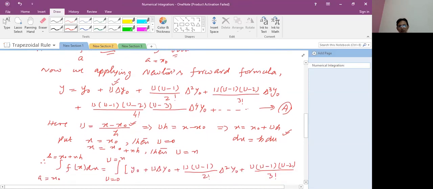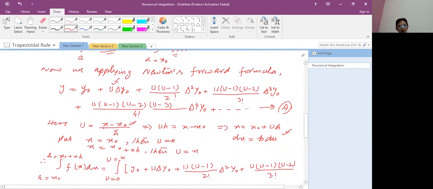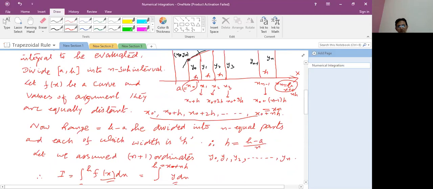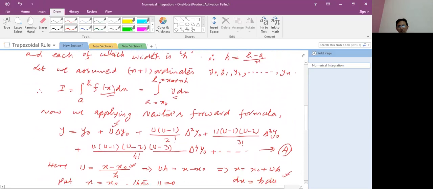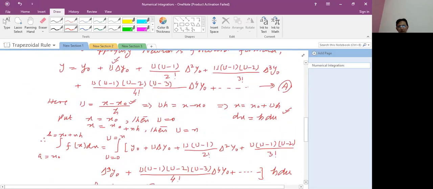Now after finding the derivative, student, if we put x equal to x naught, the first value we will consider, because according to the given condition x naught is the first value, and x naught plus nh is the last value of the whole n intervals.